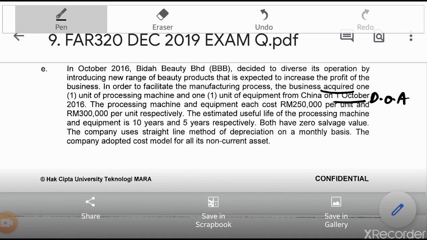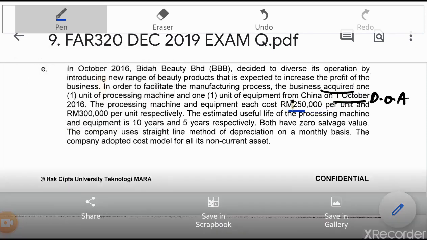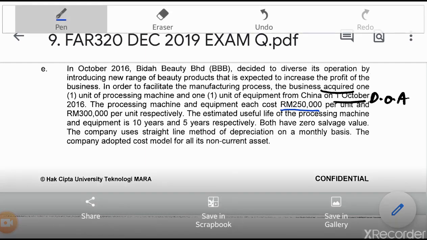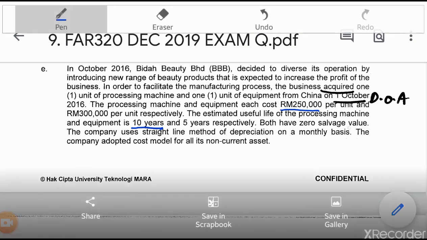So this is the date of acquisition. Next, the machine has cost the company 250,000. So the 250,000 is for the machine. And I'm trying to find information for the machine. The estimated useful life of the machine, if you read the sentence somewhere there, was 10 years, and both have 0 salvage value.